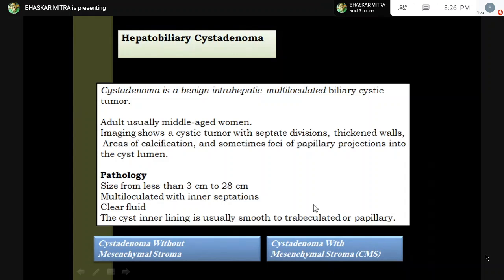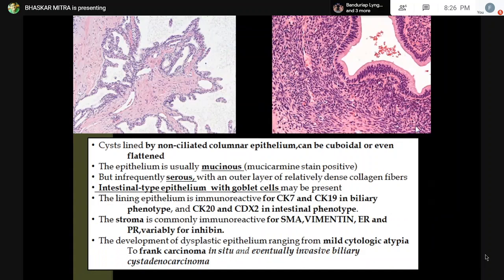The cysts are lined by trabeculated papillary epithelium, papillary-like lining. Initially, it was known as bile duct papillomas or papillomatosis. Here, a single layer of epithelium lies in a bile ductular stroma, and there is an ovarian type of mesenchymal stroma.